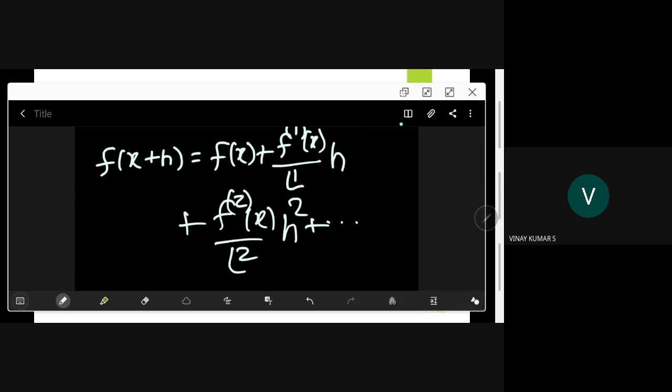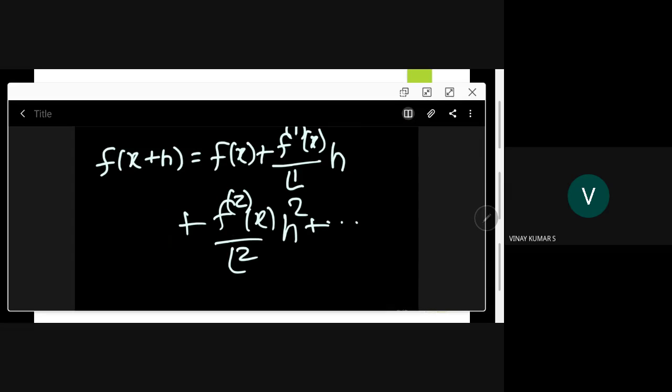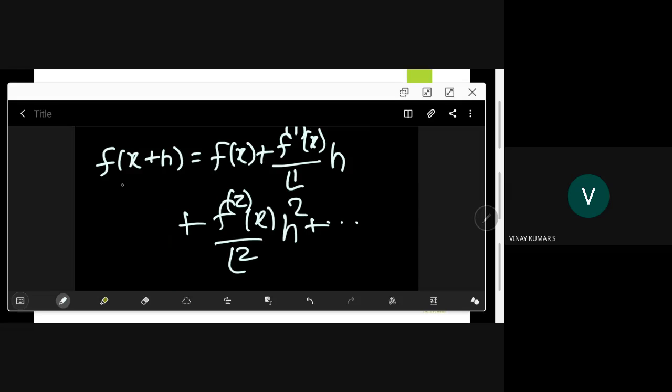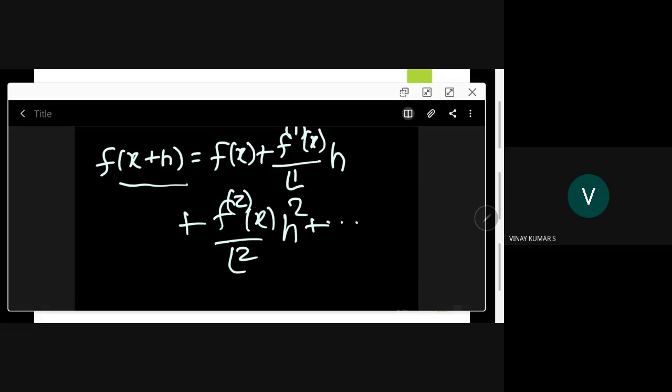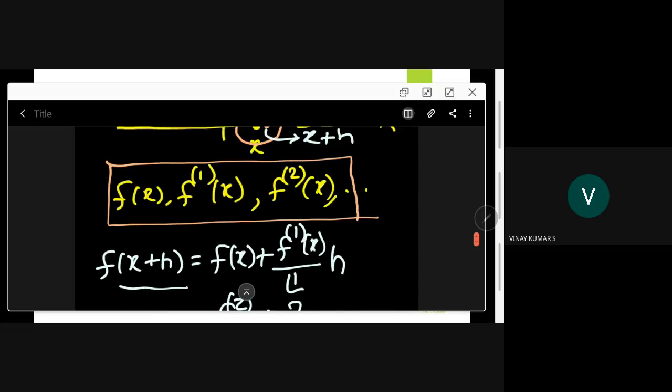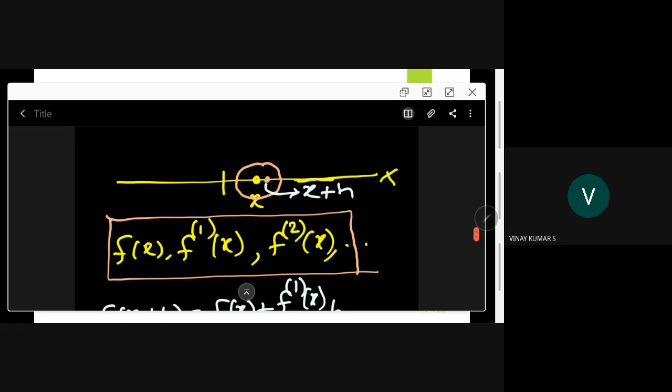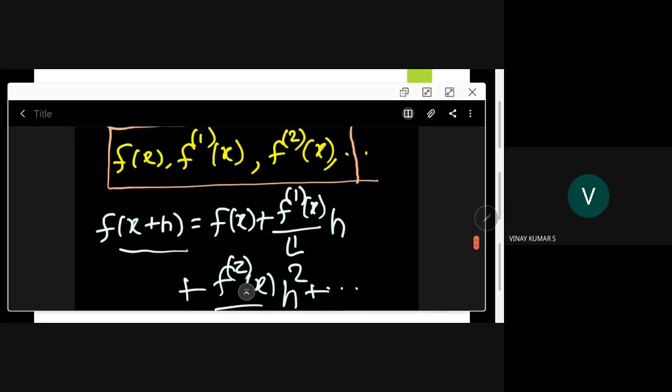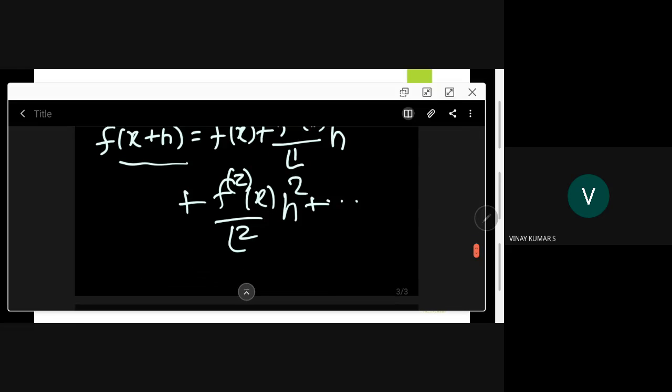So where is this x plus h? It is h units away from x, that we know. So if you know everything about f at x, then one can know its behavior, what is f at x plus h. That is what the Taylor series says.